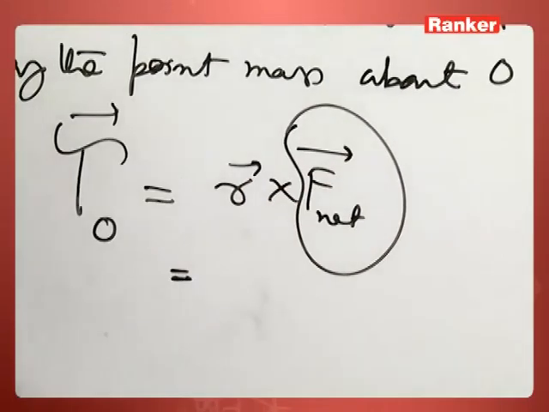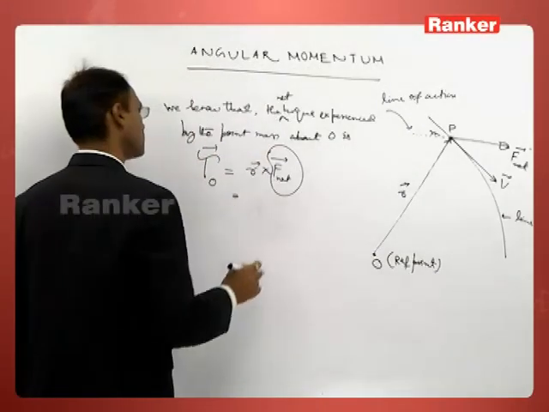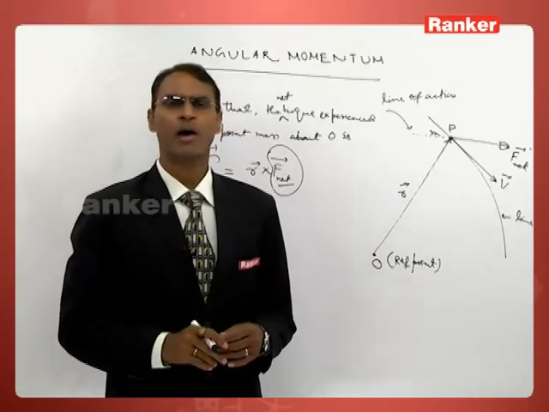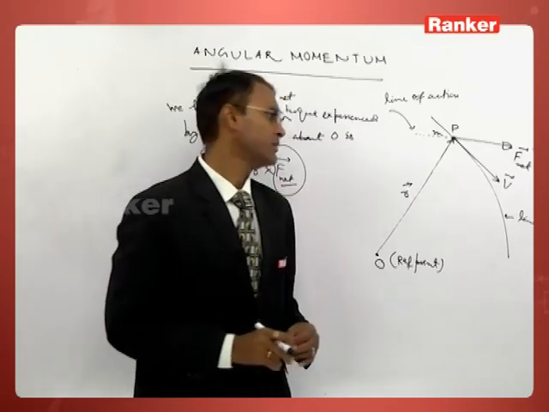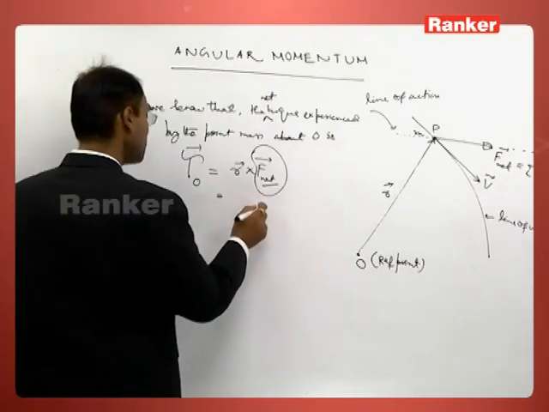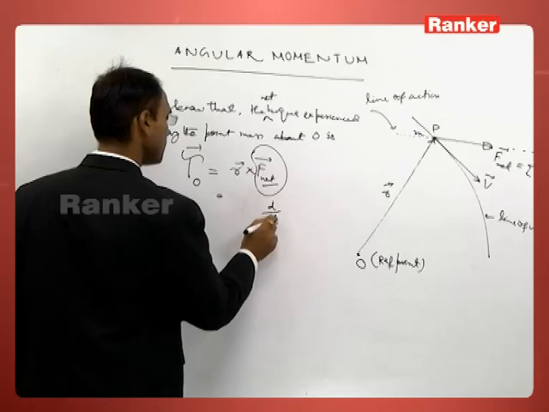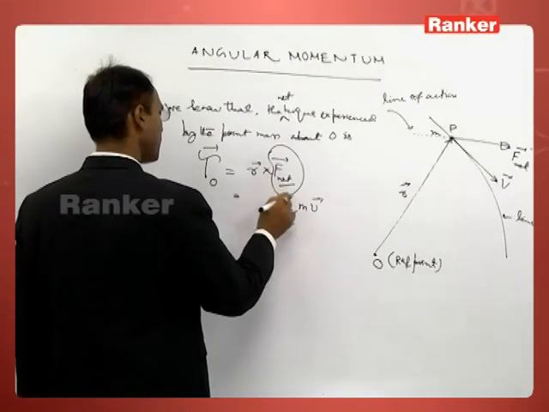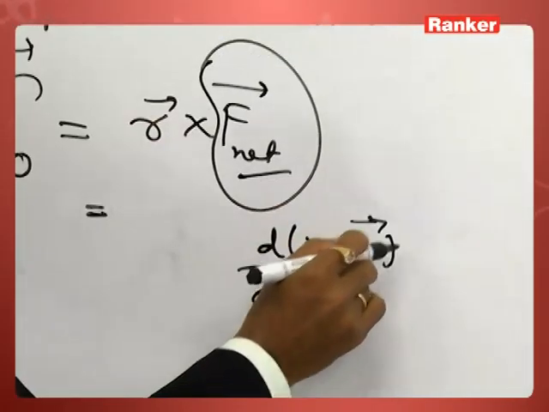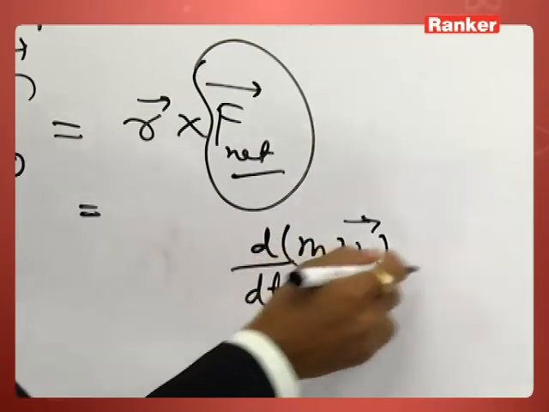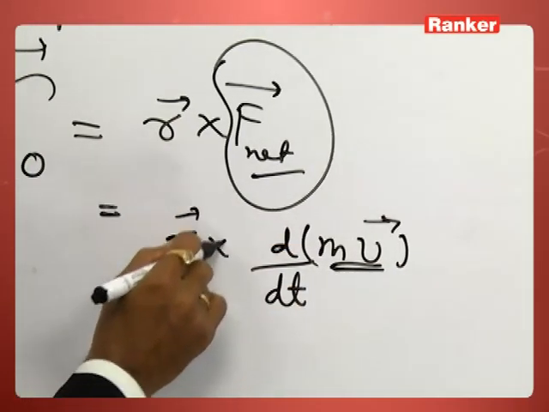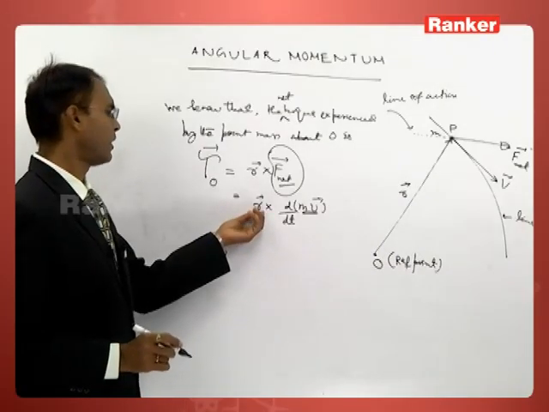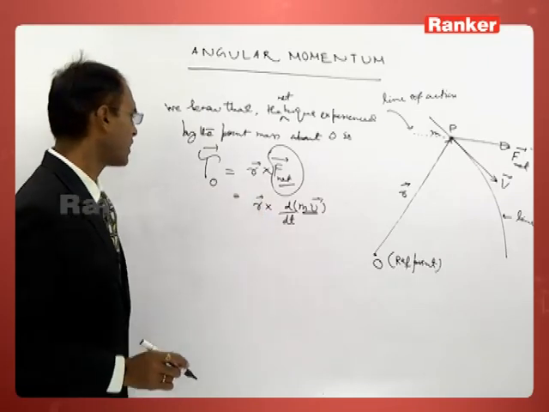Since this is the net force, Newton's second law states that whenever a net force acts on a particle, the particle's linear momentum will change. Therefore, you can write F net is equal to the time derivative of the linear momentum of this particle, and this is multiplied with the position as a cross product.